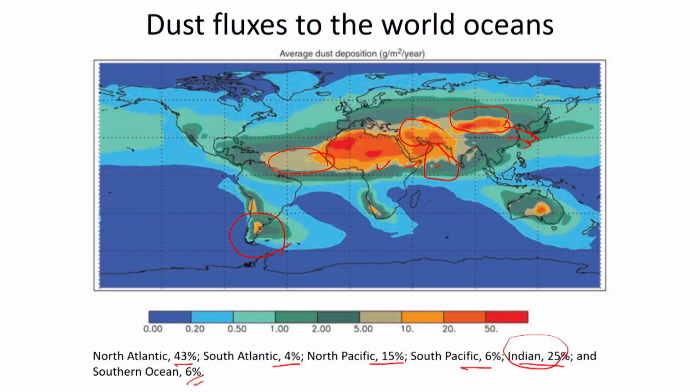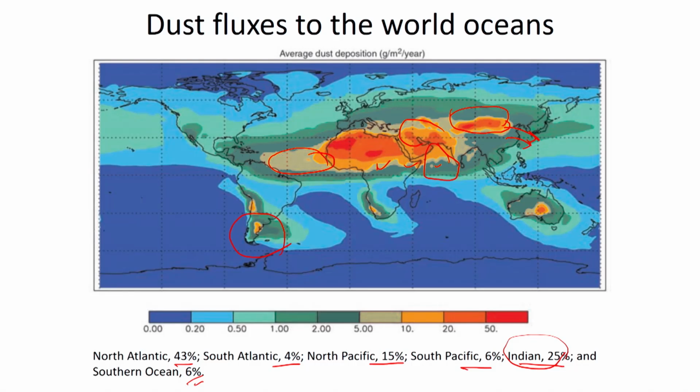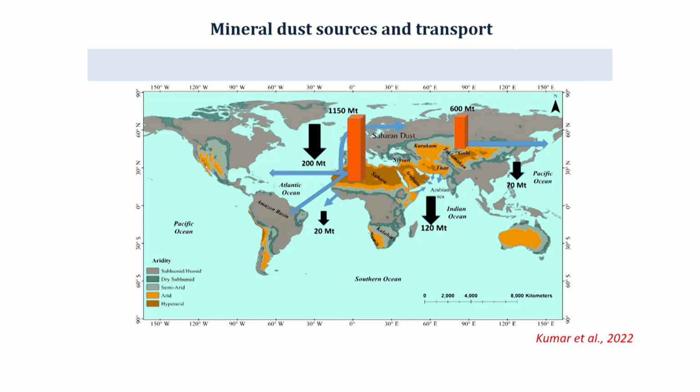So you can see the distribution pattern of deposition of dust fluxes to the world ocean, and you can say that the North Atlantic, North Pacific and Indian Oceans will be very highly impacted. But not only these are impacted, we have HNLC regions in the Southern Ocean. So that is also affected because of the deposition of the dust, especially the nitrogen.